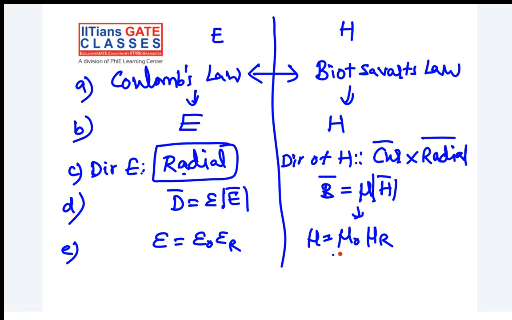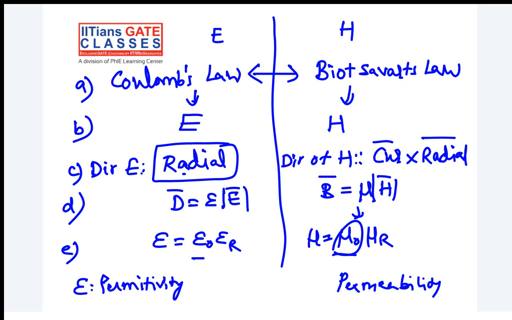So mu naught is called the permeability and epsilon naught is the permittivity. In the electrostatics part, I gave the definition for permittivity, right? The permittivity is the ability of the medium to allow the electric field, which I already told you. Similarly, what does permeability represent?